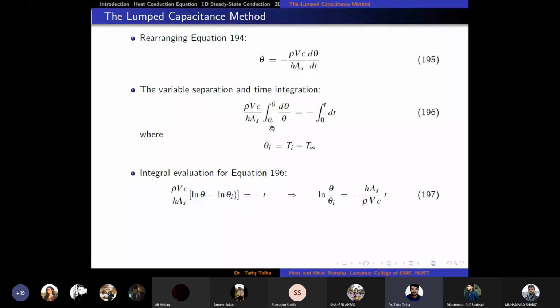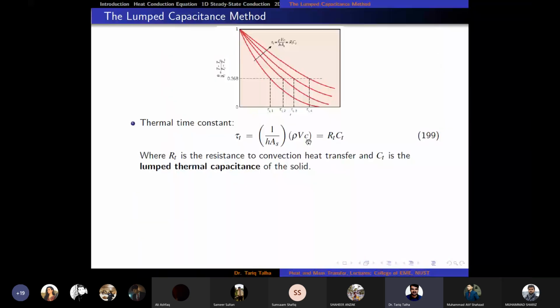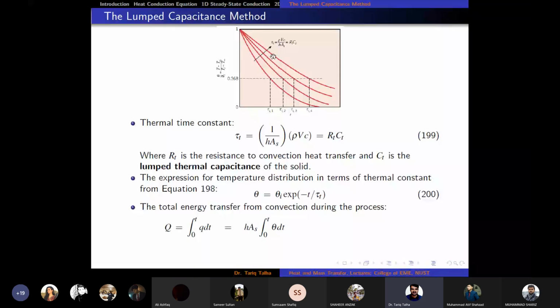So if we do that, we can write it in terms of this function, which is hA_s upon rho V c. That is the inverse of the thermal time constant, which we have studied. That is a product of thermal resistance and thermal capacitance, which is R_t into C_t. So from here, we have also discussed the significance of the thermal time constant.